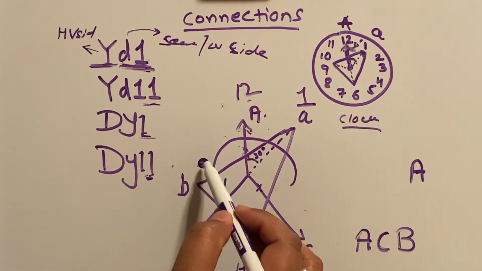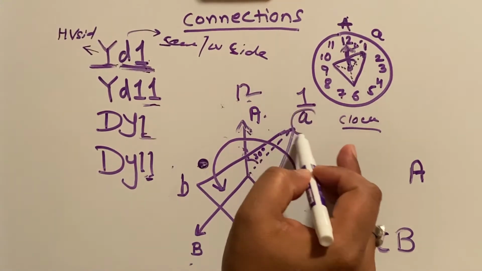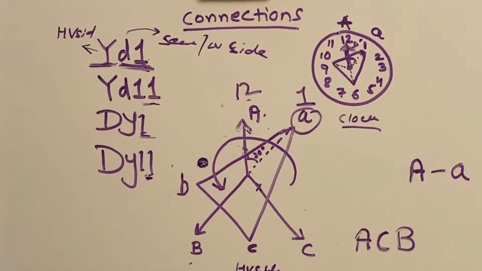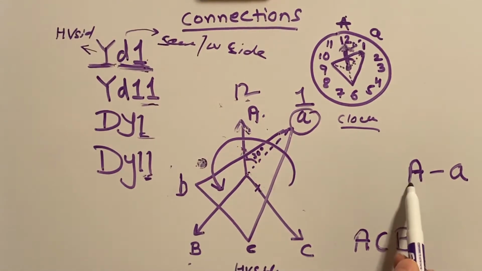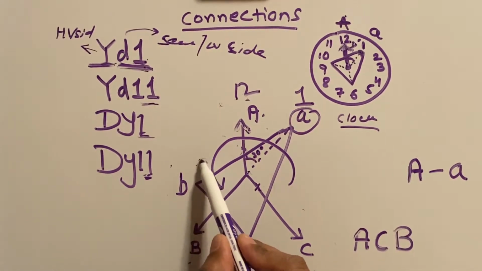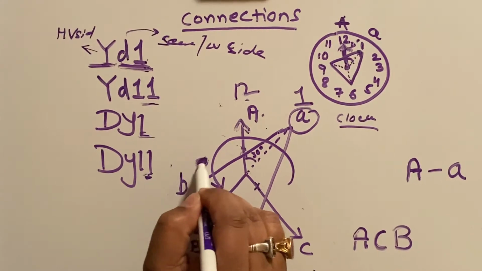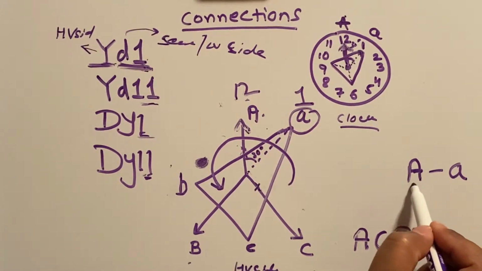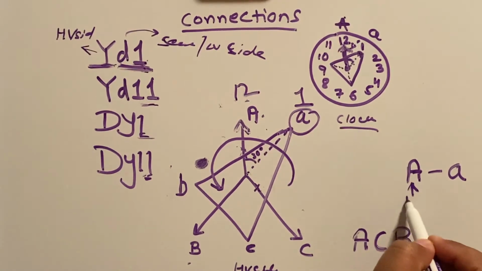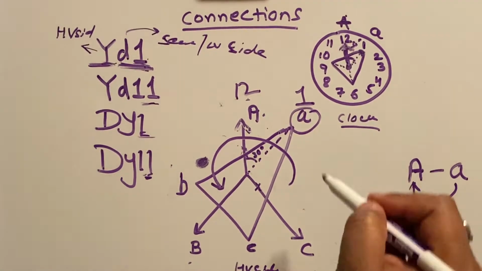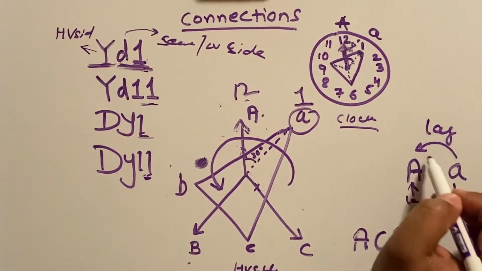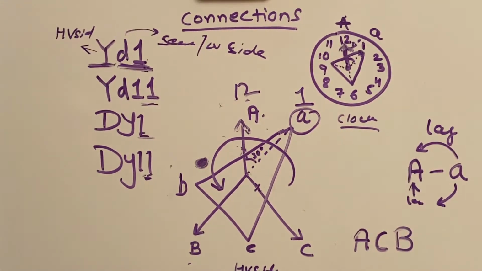The second point which will pass is small a. So capital A is passing first through this dot, followed by small a. So we can say that capital A is leading small a, or small a is lagging capital A.